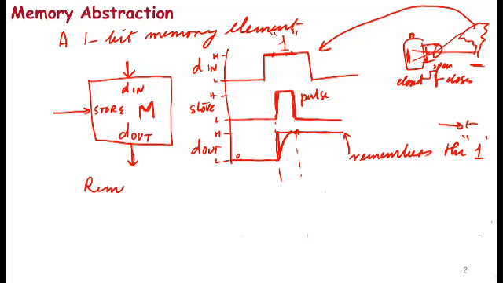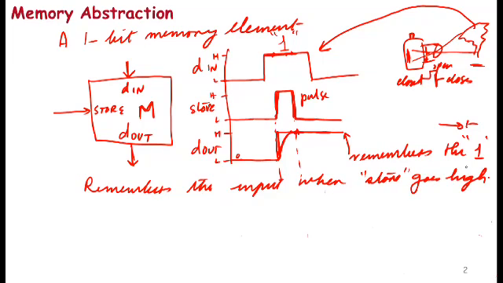Let me just write down some notes for you so that you have it with you, and then you can refer to it later. When the input goes high, at a 1 for instance, and store goes high, the memory cell records that value on the inside and plays it out. The input value present the instant the pulse went away is what is finally recorded in the memory cell.